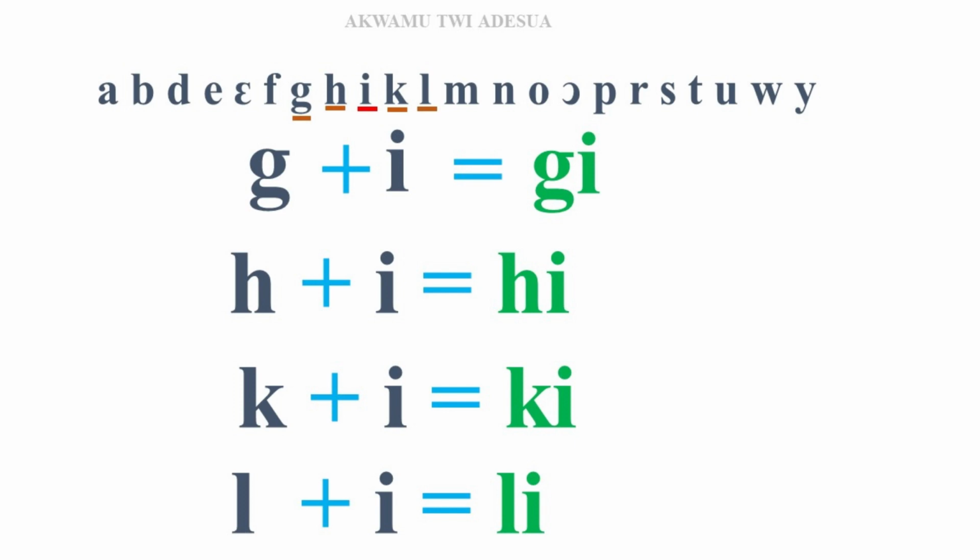K plus E, which is the K, and the I will give us ki. L plus E, which is the L, and the I will give us li.